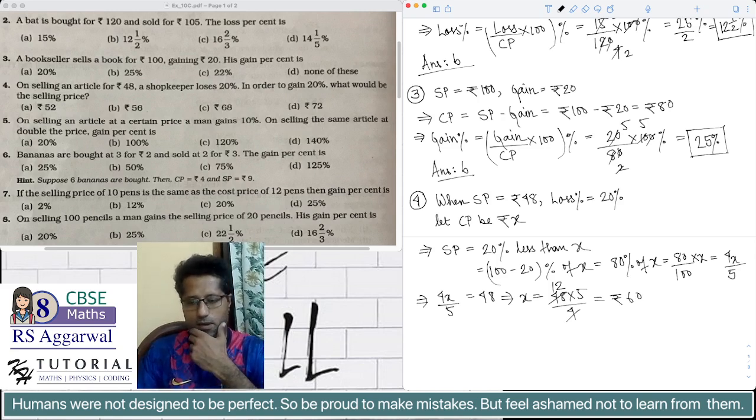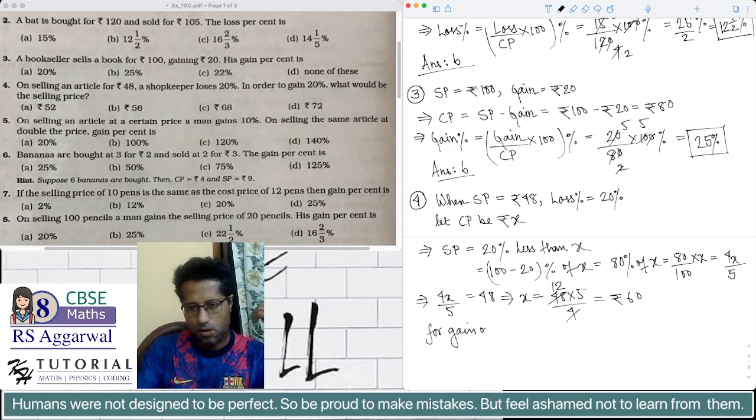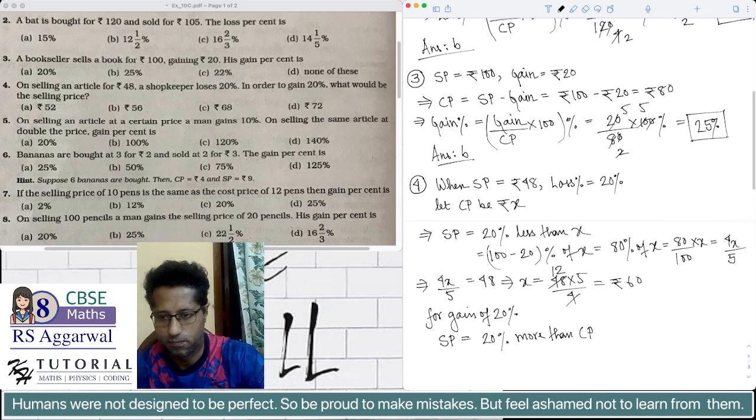Now it is asking what will be the selling price if it has to gain 20%. So for a gain of 20%, the selling price has to be 20% more than CP, and CP we have already calculated to be rupees 60.